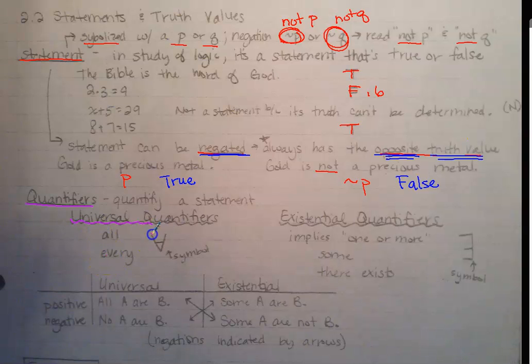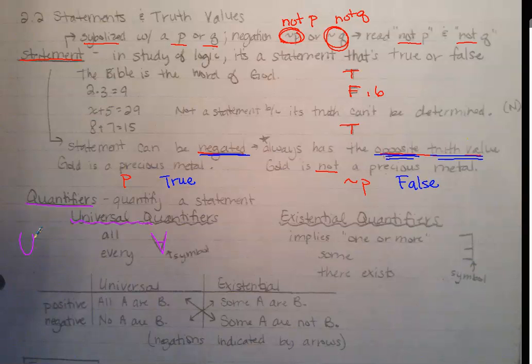The symbol there is an upside down A. It's kind of like the U in union in set notation, but it's an A instead of a V or a U. Maybe that will help you realize that it's all. It's unioning everything together. Universal, union, upside down A symbol for all. See if you can make that connection.